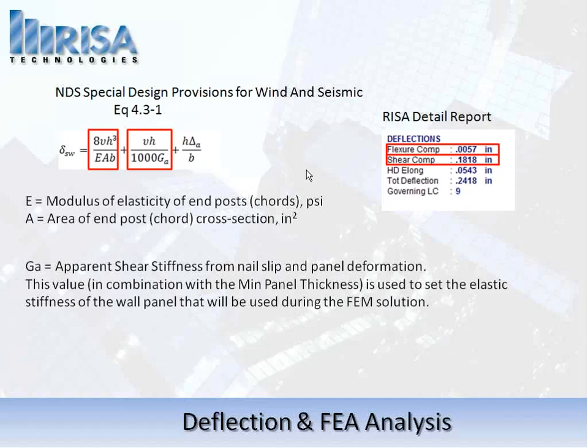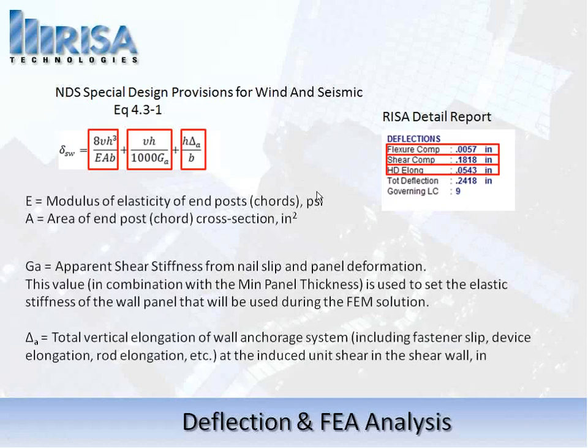So we see the shear component, the flexural component, and then a hold-down elongation portion, which comes right out of the hold-down database we had in the beginning. It talks about the total vertical elongation of the wall anchorage. Remember we talked about it being fastener slip, device elongation. All those pieces of information go into this one delta A, and then we plug that into this equation.